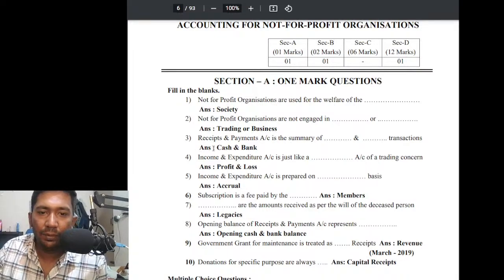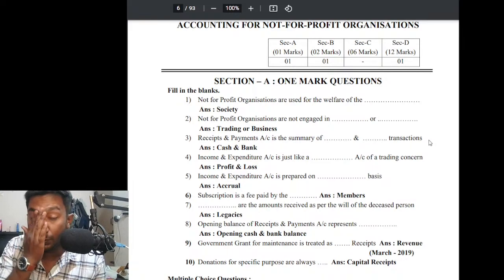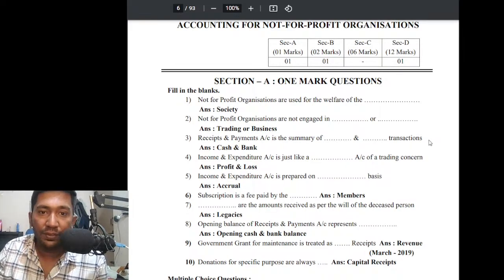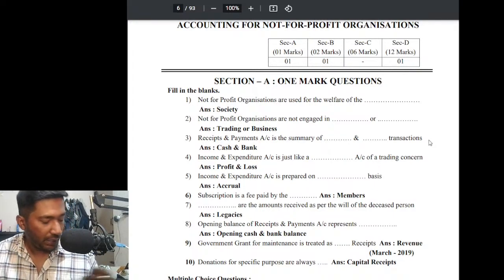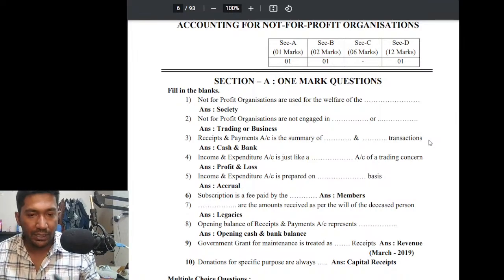The next we have is: receipt and payment account is a summary of cash and bank transactions. As we prepare a double column cash book, hope you remember in the first year you prepared a single column, that is simple column cash book, and then you prepared double column cash book. In double column cash book, we used to have a cash column as well as a bank column.